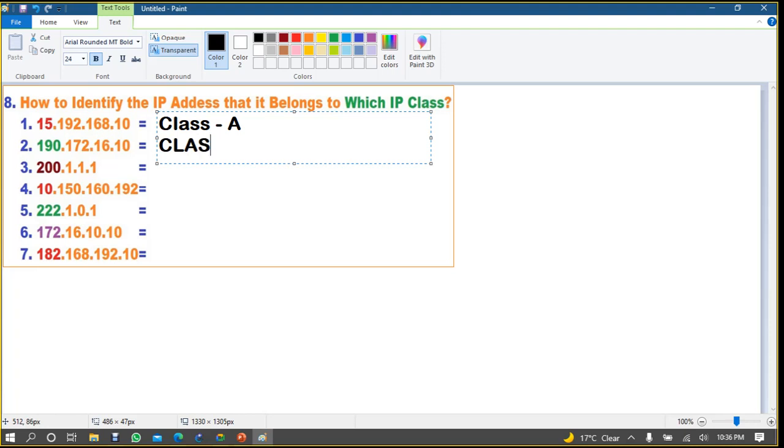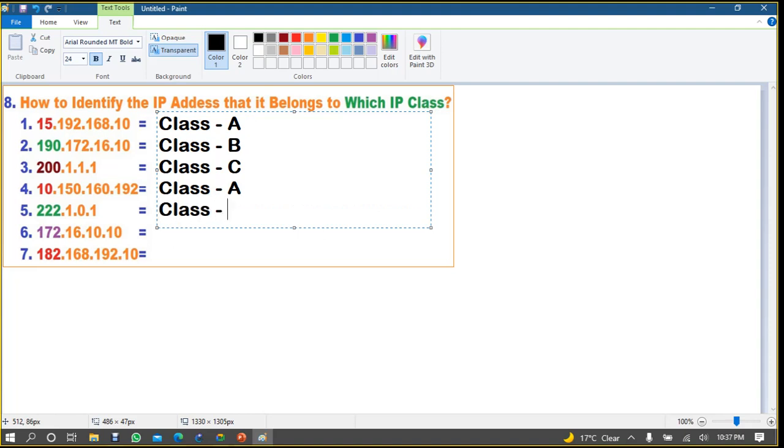The second one is class B. The third one is class C. The fourth one is class A. Very good. The next one is 29. It's class C.